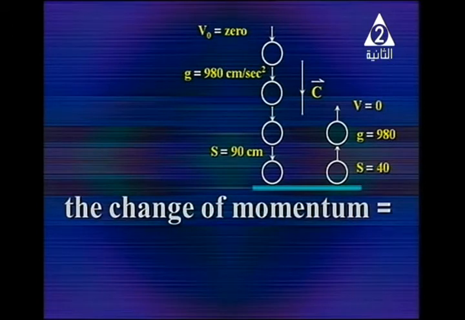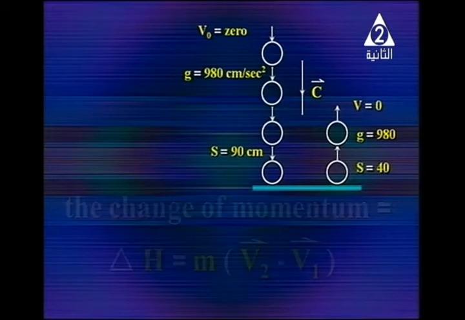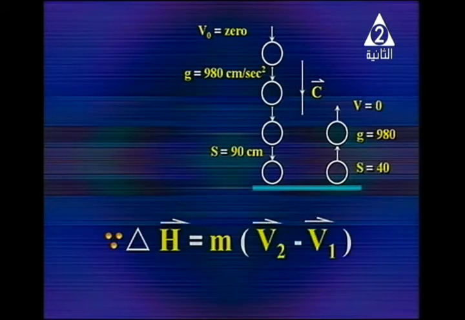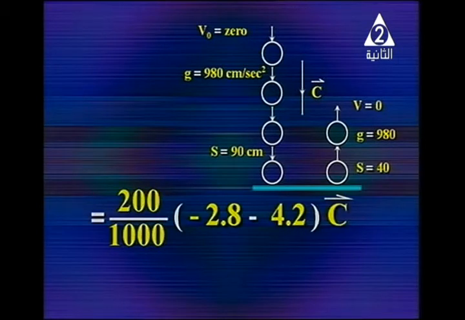The change of momentum equals delta H equals m times V2 minus V1. By using substitution, the mass of the ball is 200 over 1000 in kilogram, times V2 minus V1.